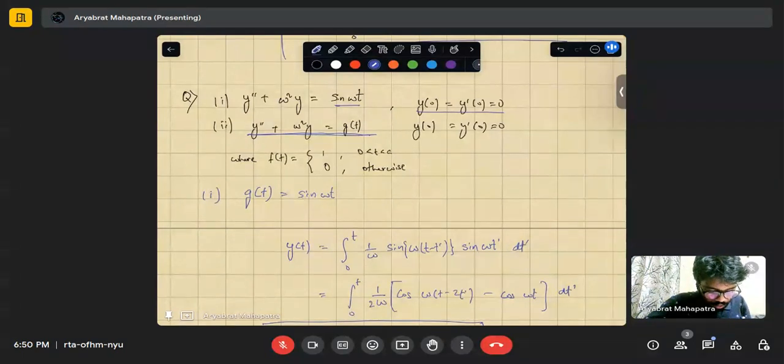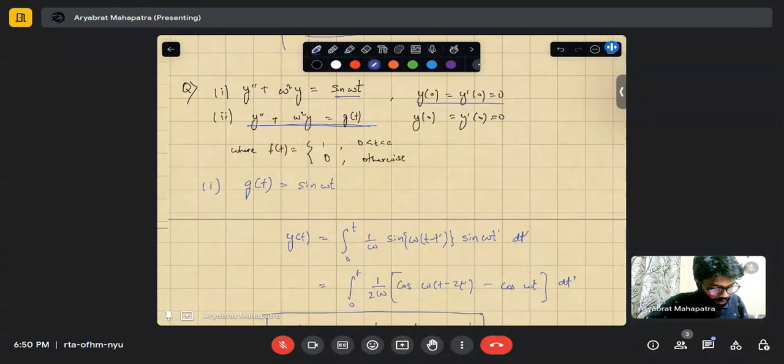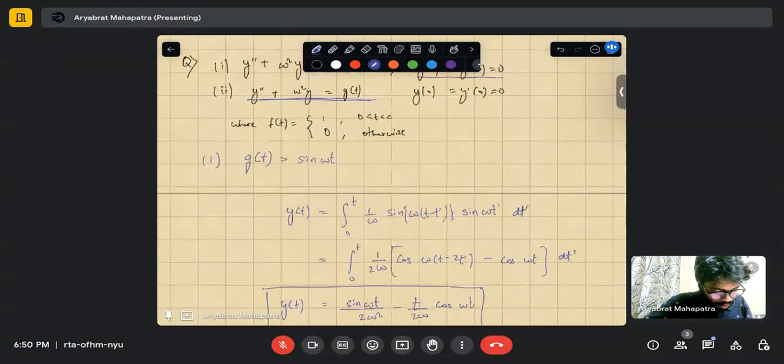To solve this inhomogeneous differential equation, that is to get y of t, you pick an answer, and that answer is this one, found with the help of the Green function.